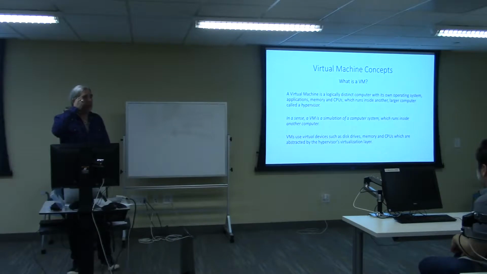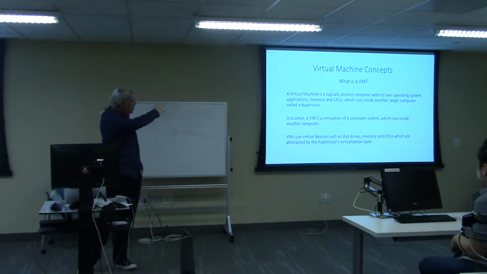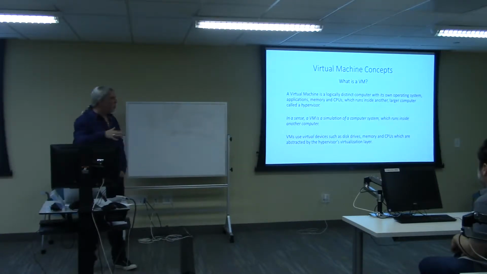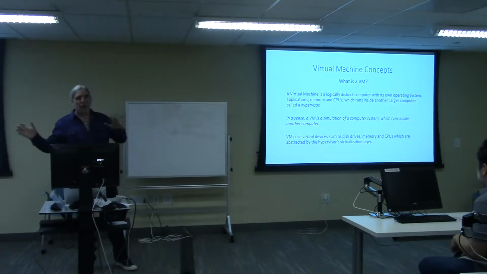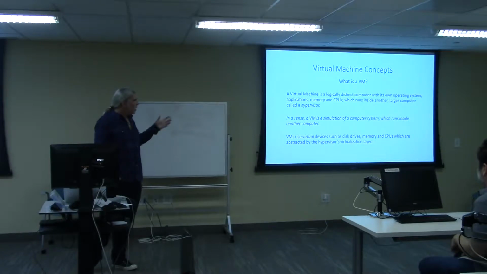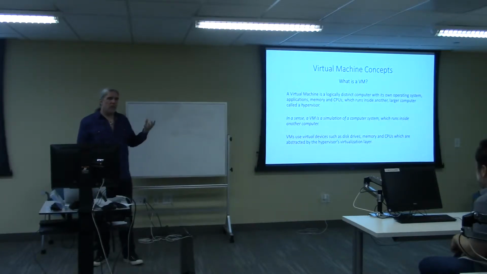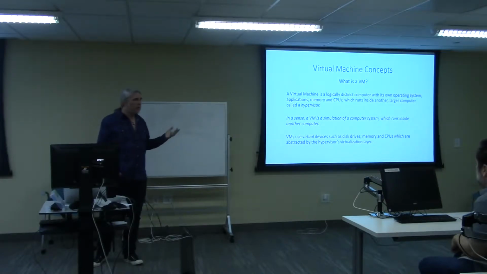When we're talking about virtual machines, there's a more formal definition, which is a logically distinct computer with its own operating system, memory, CPUs, which runs inside another larger computer. That's called a hypervisor. But the way I like to think of it is that a VM is like a simulation of a computer that runs inside another computer.